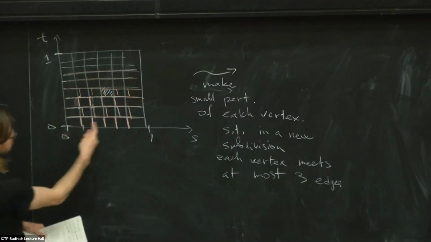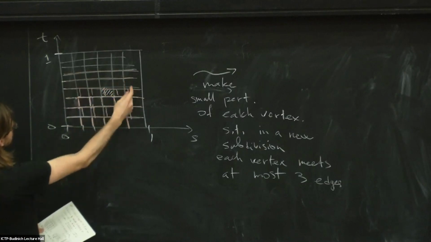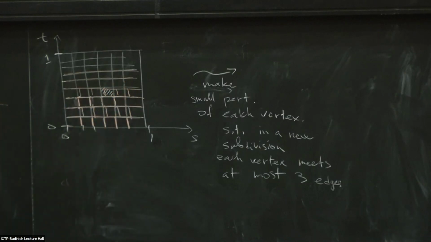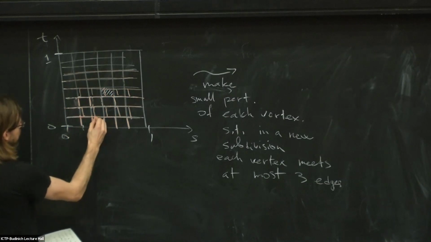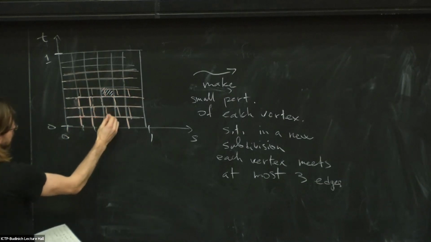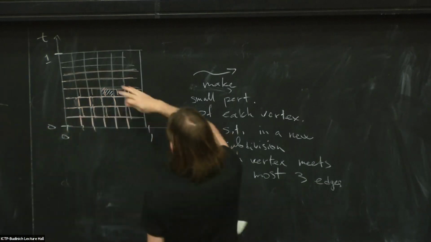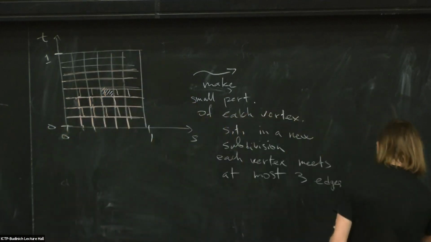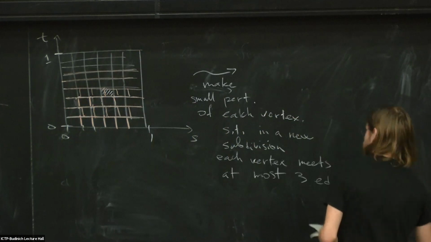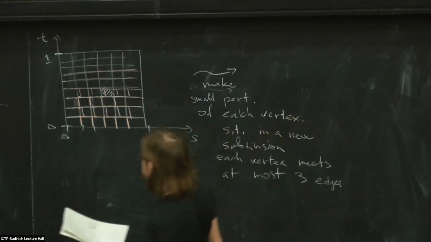For example, here you don't do anything, here you shift a bit by epsilon, here you don't do anything, here you shift by epsilon, and so on. As a result, each vertex will meet at most 3 edges in this new subdivision of our square by small rectangles.